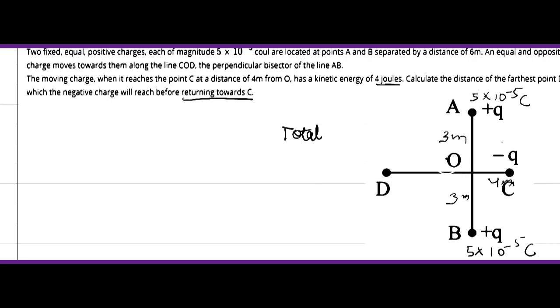As it keeps going forward, its kinetic energy turns to zero, and that much energy adds up into potential energy, because total energy has to be the same. I hope you understand till here. Total energy remains conserved. You have to remember this thing.